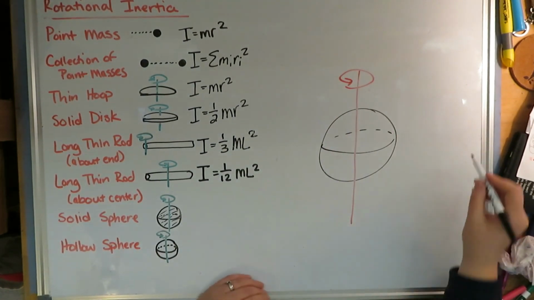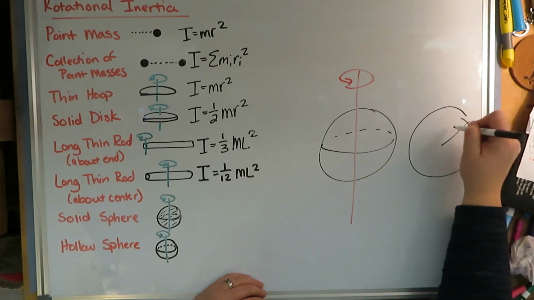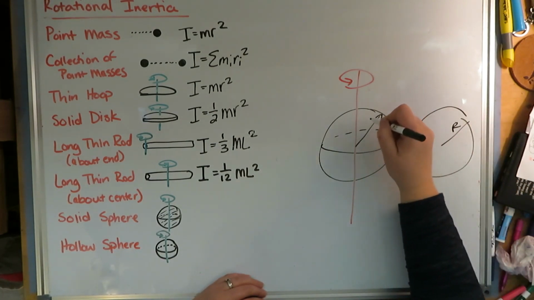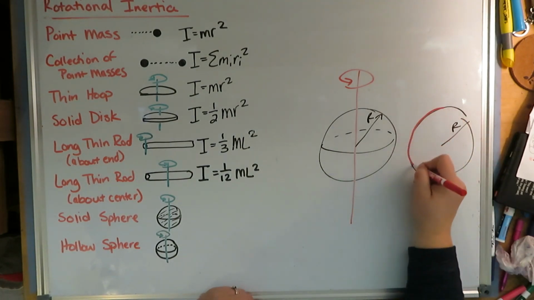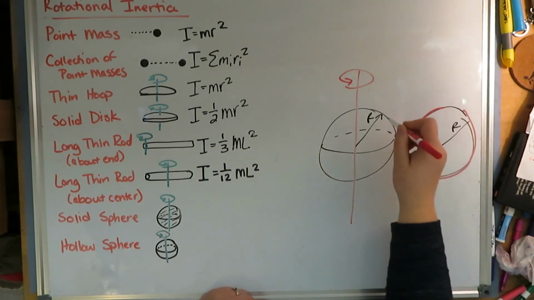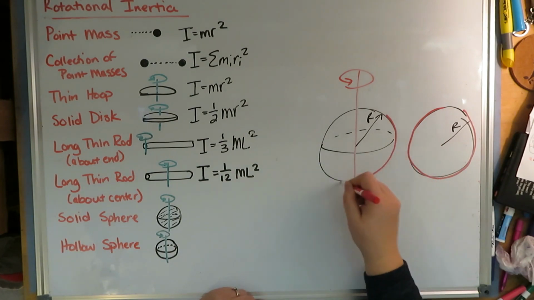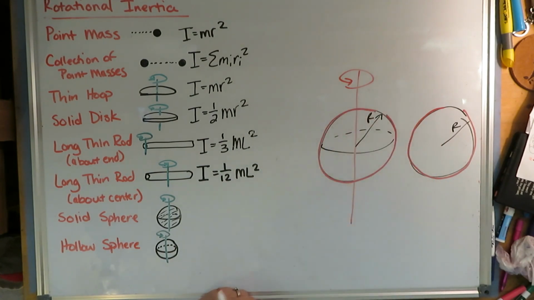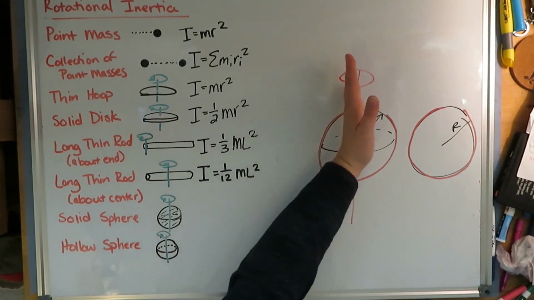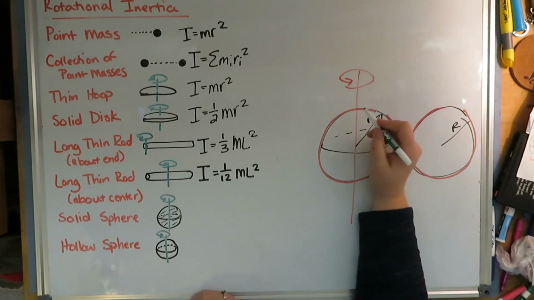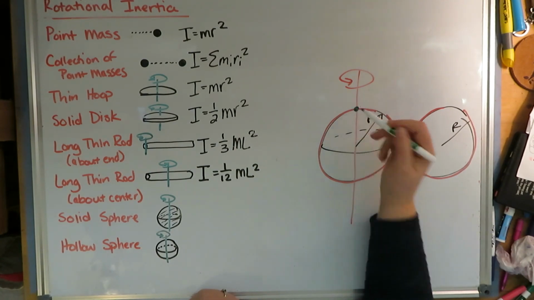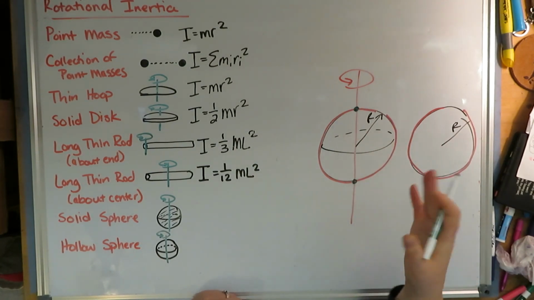So if you compare this to a hoop that has the same radius, the thing about the hoop is all of the mass is located at a radius of r. With a hollow sphere, a lot of your mass is located at a radius r, but because the axis is physically cutting through the sphere, you end up with some of the mass in contact with the axis of rotation on the top and bottom.